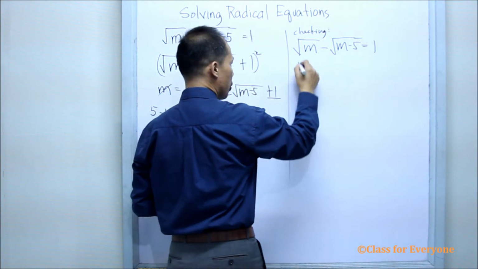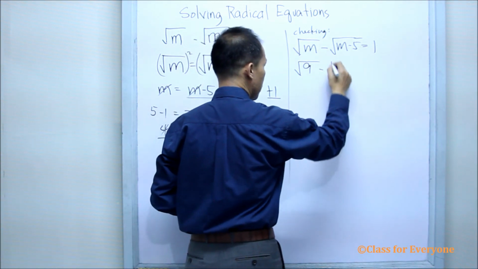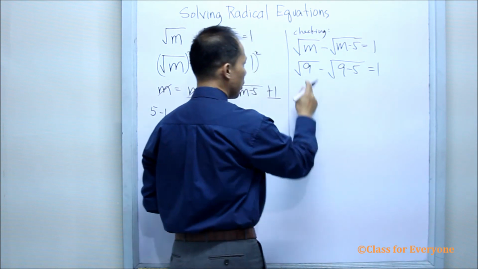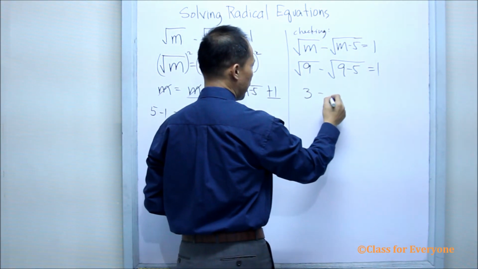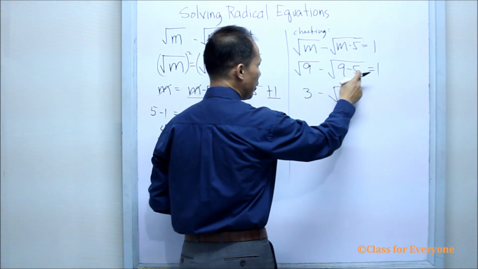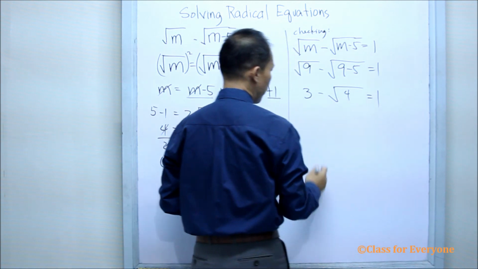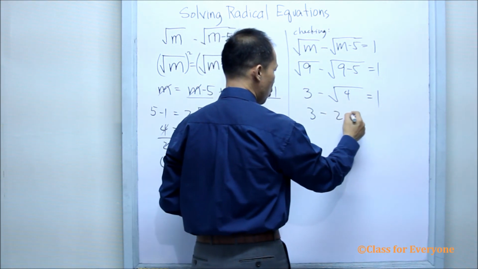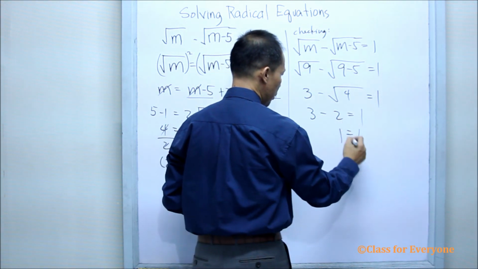By substitution, we'll have the square root of 9 minus the square root of 9 minus 5 equals 1. The square root of 9 is 3 minus the square root of 9 minus 5, which is 4, equals 1. So 3 minus the square root of 4, which is 2. And 3 minus 2 is 1.